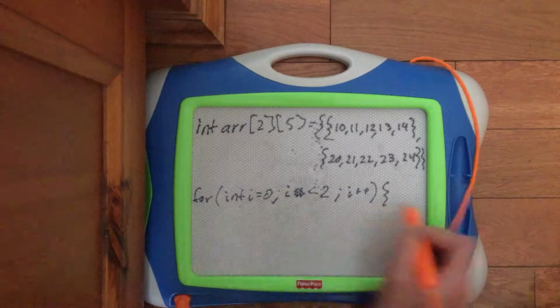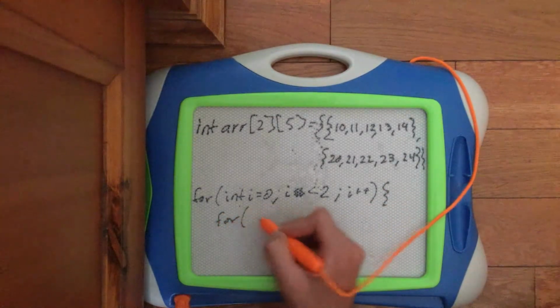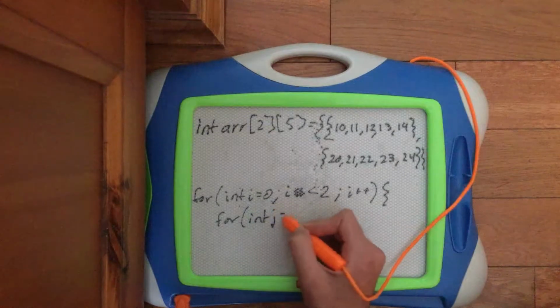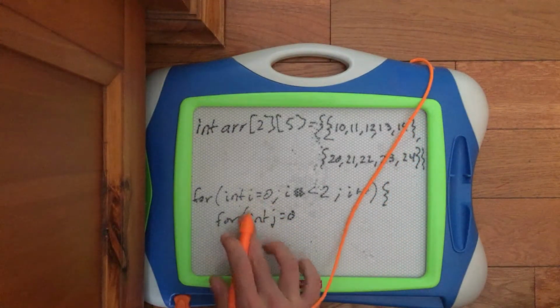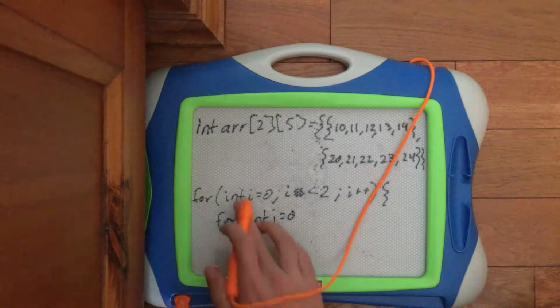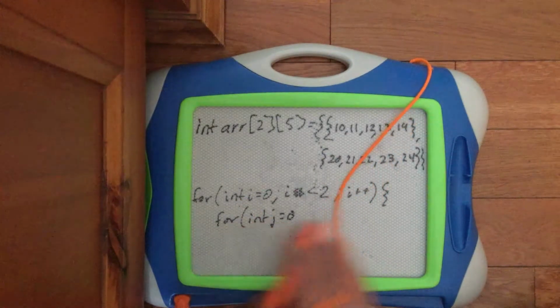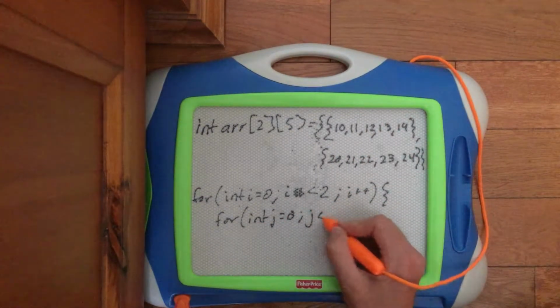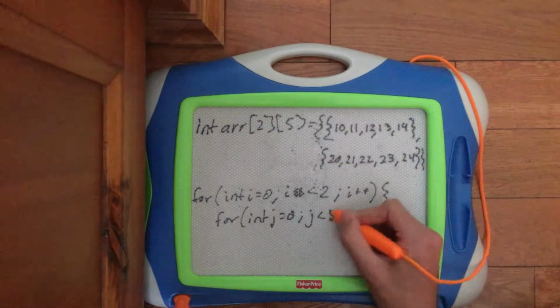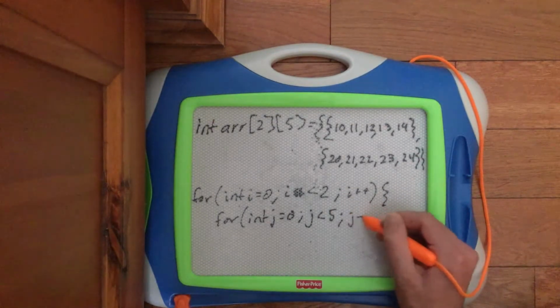Then within the body of that loop, you'll have another loop. For int j is equal to 0. Similar to before, i is just the convention you'll learn, and j is also the convention you learn for the inner loop within a nested loop. j is now less than the number of columns, so 5, and then j is incremented.